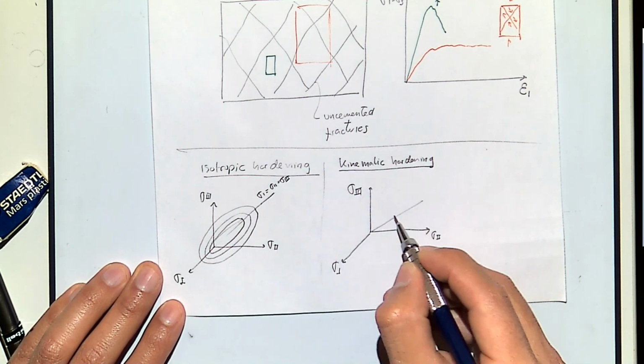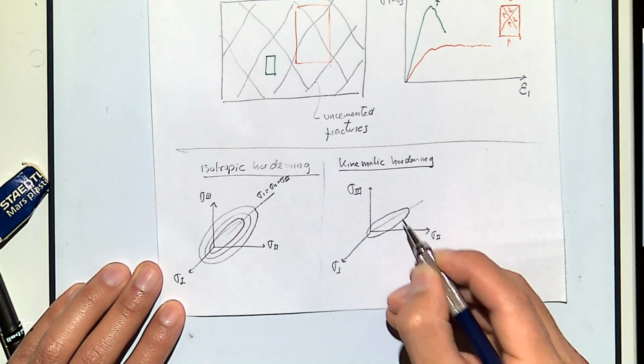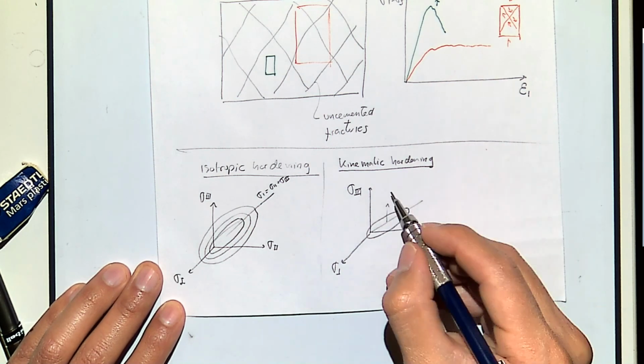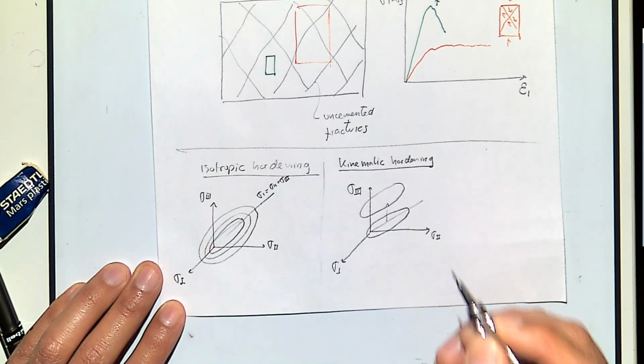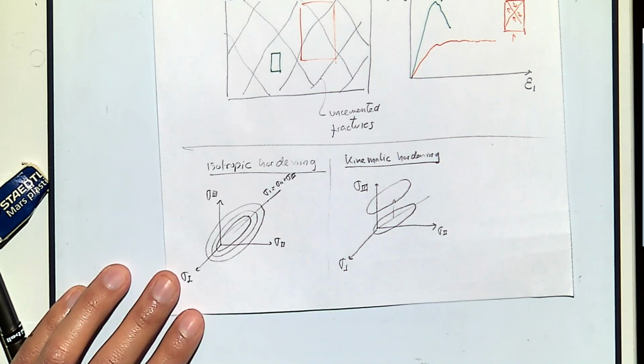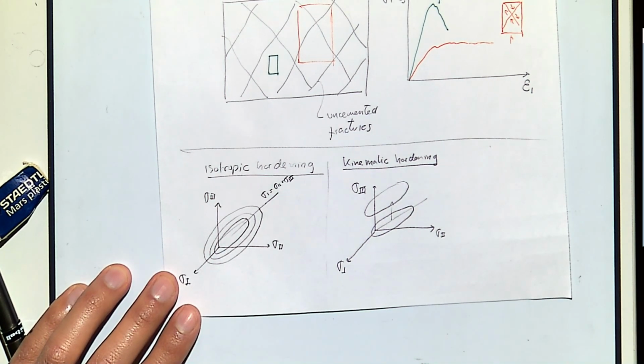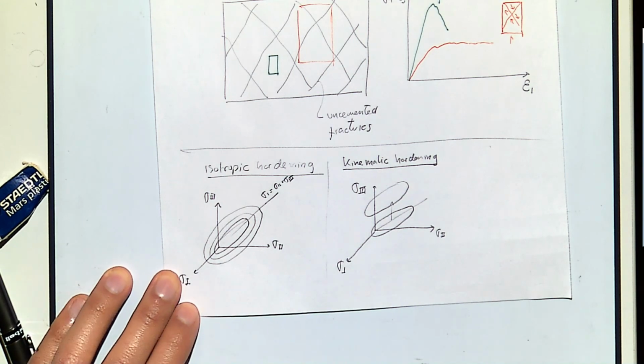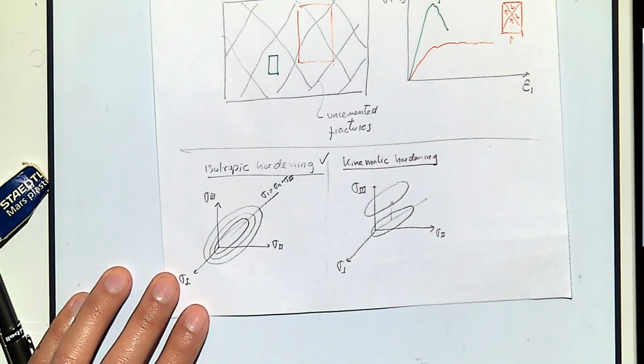And if you had an initial yield surface, let's say like this, and after this your yield surface moves to another position, that is what is called kinematic hardening. And so far what we have seen is isotropic hardening.